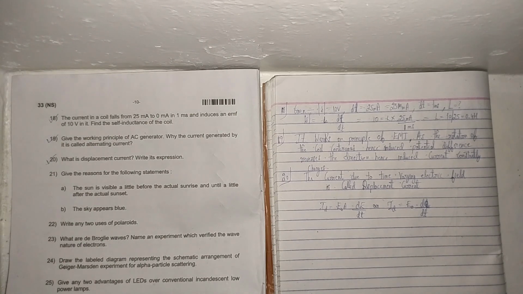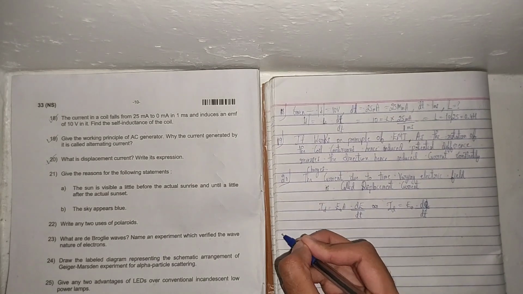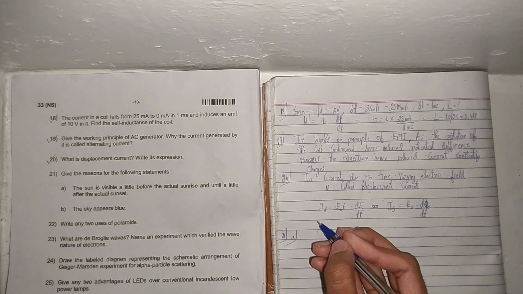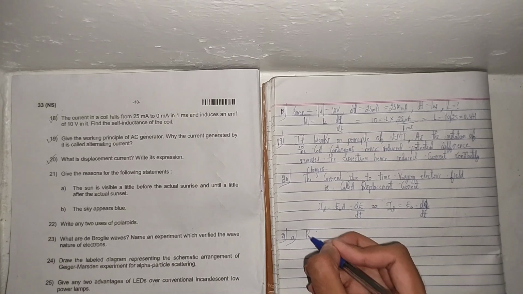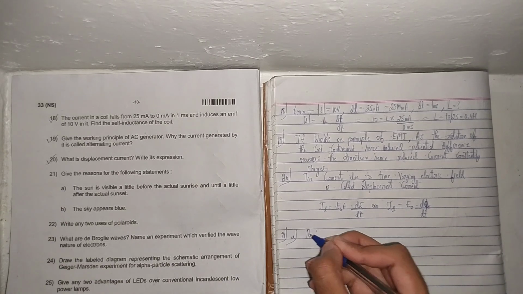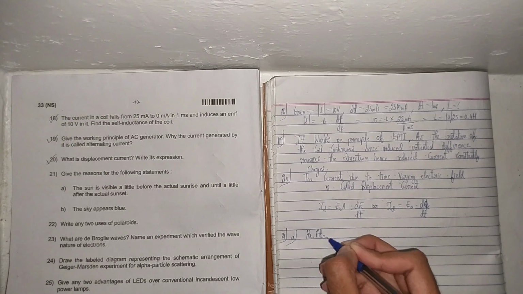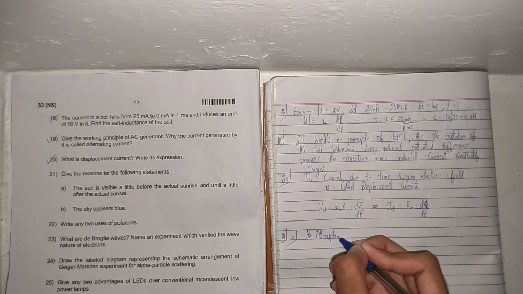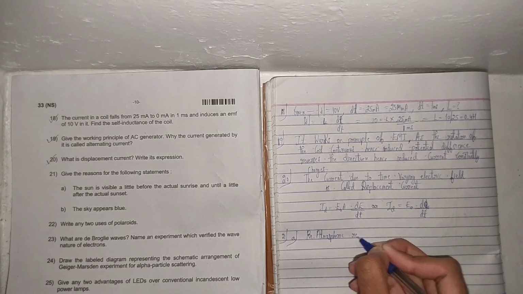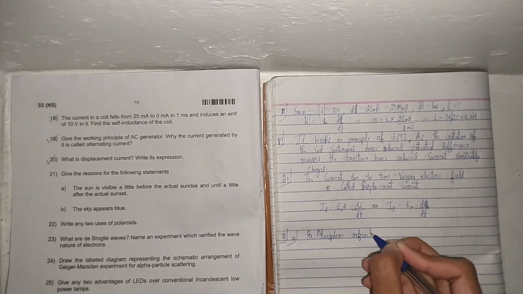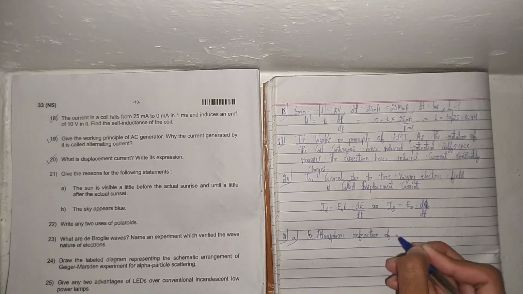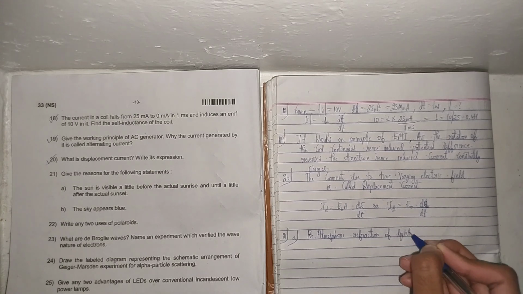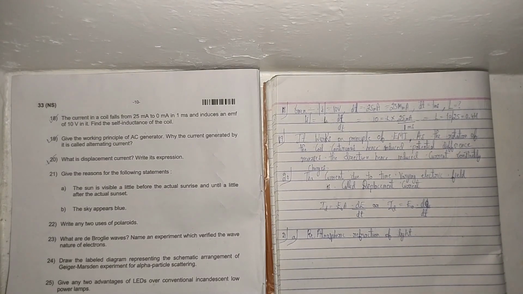So it is due to atmospheric refraction of light. Due to the atmospheric refraction of light, the sun is visible a little before the actual sunrise and until a little after the actual sunset.